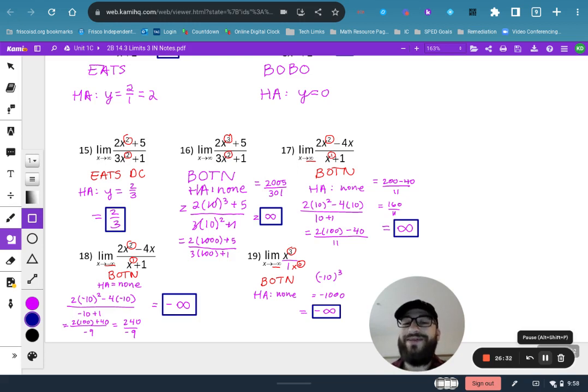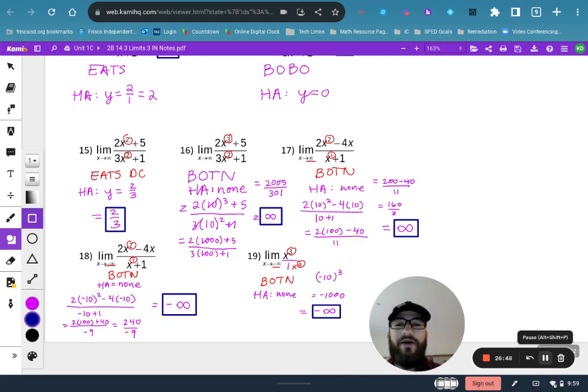So we're going towards negative infinity. And then last but not least, we got 19. We have the limit as x approaches negative infinity of x cubed, which is just a cubic function. So if you know the shape of it, you probably already know what it's doing as we go towards the left. But we can still treat it like a button. We're going towards negative infinity, so we're going to plug in negative 10, which gives us negative 1,000, which is definitely a very big negative number.